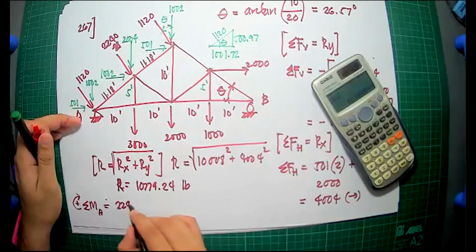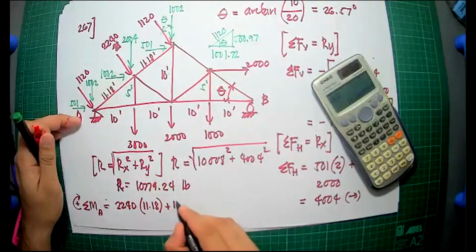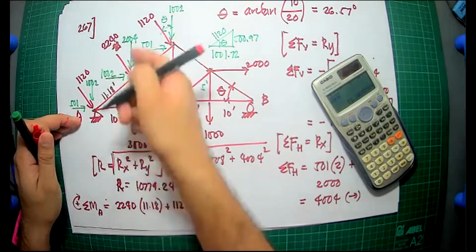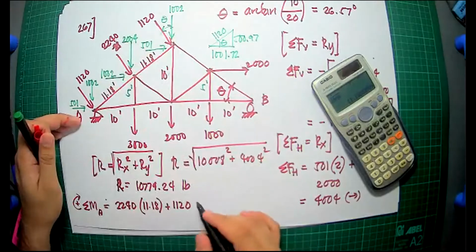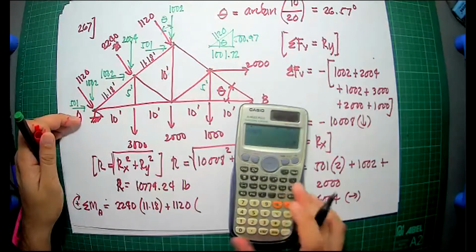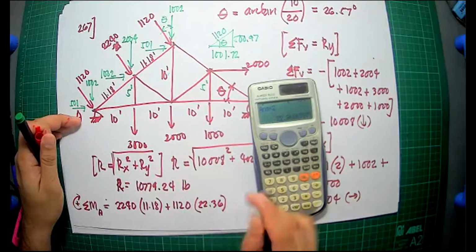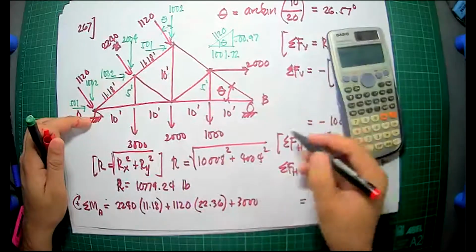So 2240 times 11.18 plus 1120. Take note, I'm not anymore taking the components, because I would have many terms if I will get the components. So 1120 times 11.18 times 2, 22.36. Okay, this one plus 3,000.